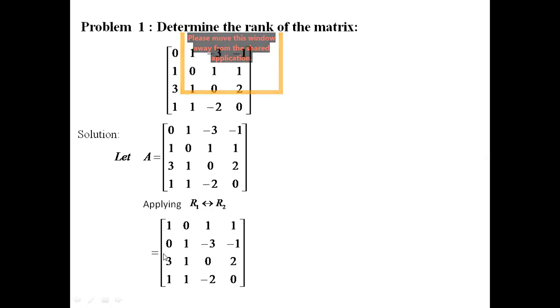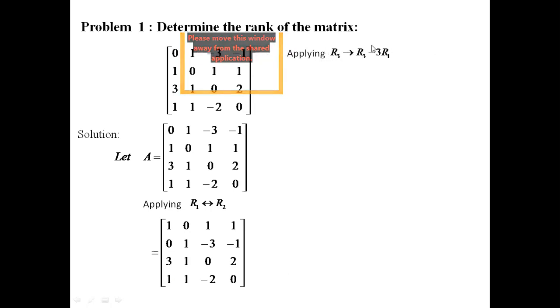So to make this element 0 in the third row, I perform this operation: R3 is replaced by R3 minus 3 times R1. Similarly, to make the first element in the fourth row 0 with respect to the first row, what operation can we perform? This is 1, this is also 1, so R4 minus R1. R4 minus R1 makes this element 0.